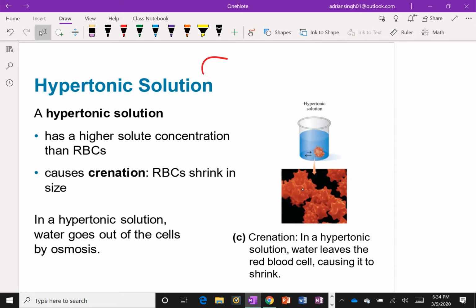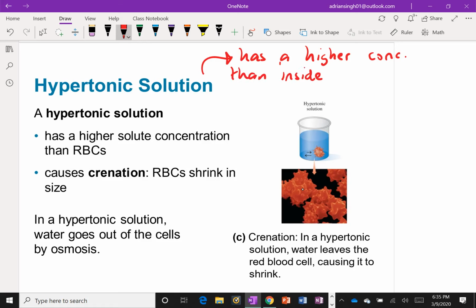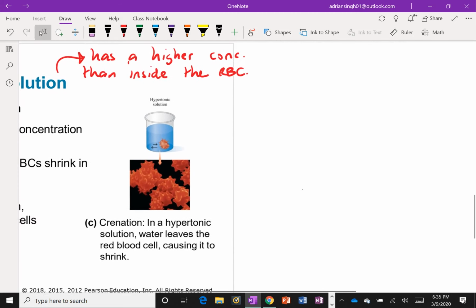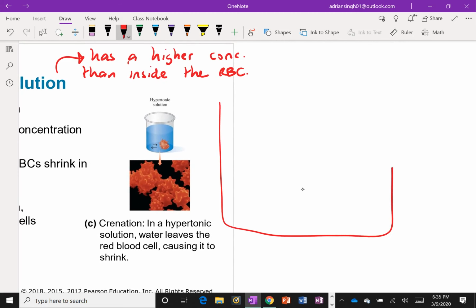So a hypertonic solution has a higher solute concentration than inside the red blood cell. So there's my red blood cell.